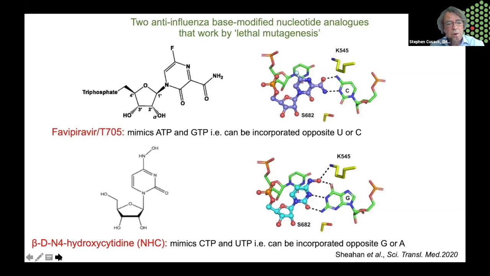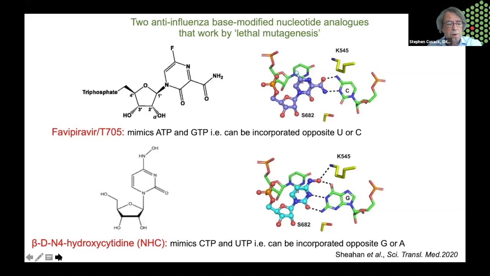As with all these new drugs, there are several that are being tried out. Some clinical trials are showing some effect, but overall, we've not got enough data to really claim any of them are working particularly well. The one at the bottom is not even in clinical development, but it works in vitro. Again, this was published very recently in Science Translational Medicine.